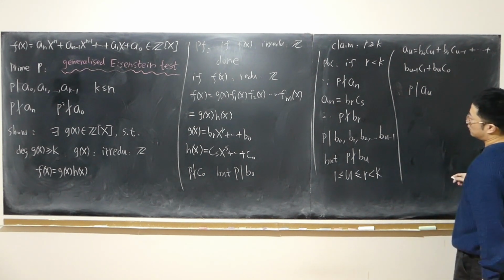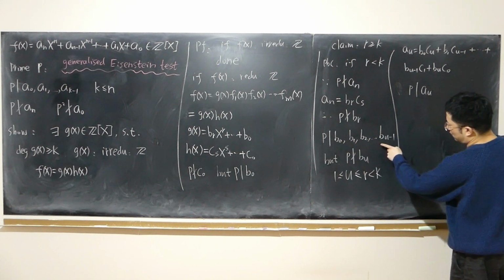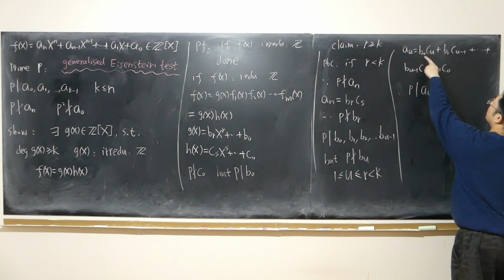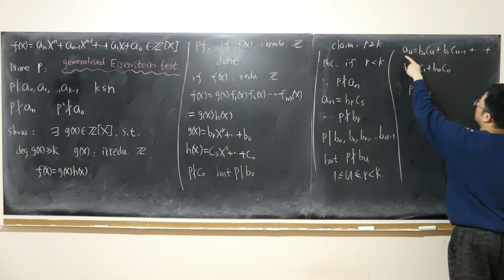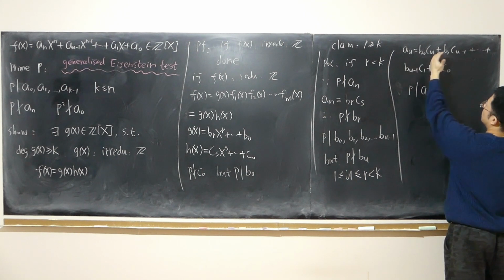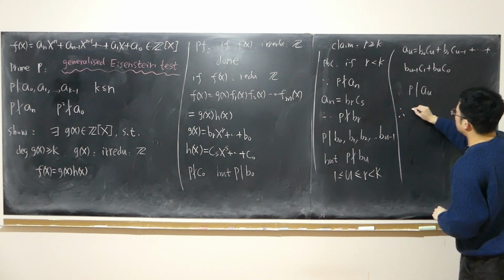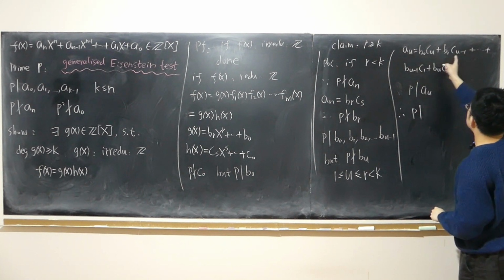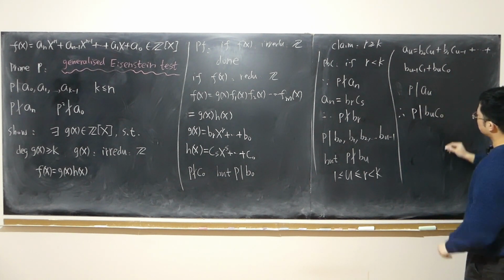Also, P can divide B_0, P can divide B_1, all the way to B_(u-1). So P can divide this term, this term, this term, and this term too. So how about this term? Yes. Therefore, P can divide it, because this is a linear combination, and P can divide B_u times C_0, obviously.